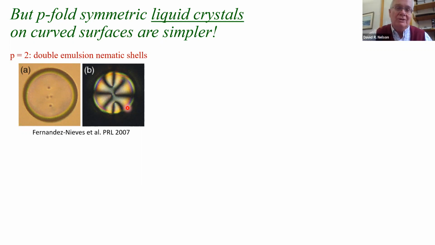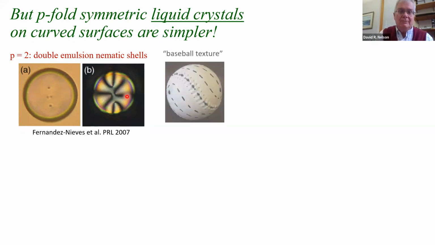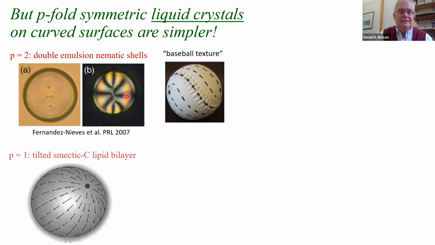So maybe they knew something that we didn't know until the 20th century. In any event, that's one experiment. There's another version. This is a softball, but you can also draw this nice nematic texture on it. Here's a polar arrangement where a polar vector field on a sphere has 2 defects instead of 4.